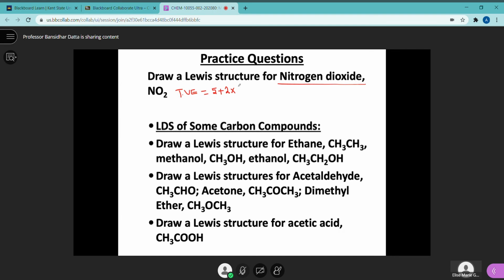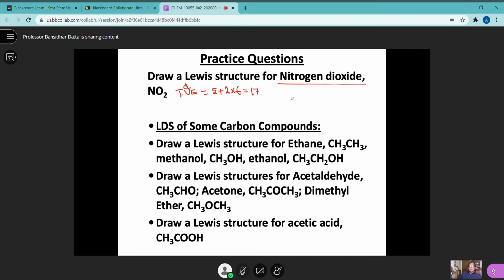Look at the group number. Is it 17? Because oxygen has 6, so 6 times 2 is 12, plus 5 is 17. Yes, of course. That is right. So total number of valence electrons equals 5 plus 2 times 6, which is 17.